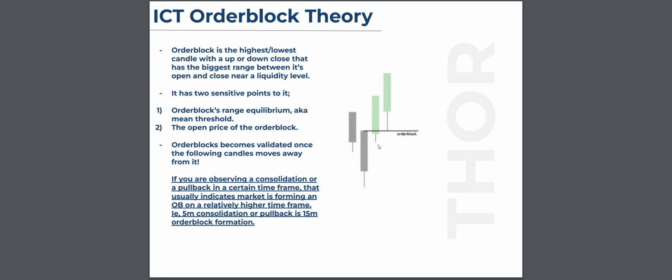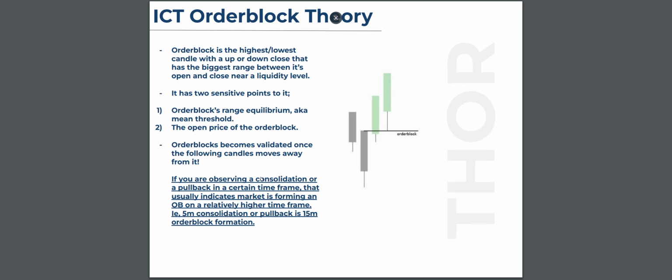Order blocks become validated once the following candle moves away from it. For example, here you have 2 down close candles and the third candle moves away from it, and once it closes you have order block confirmation. Once the market decides to pull back into the OB, you can utilize that, and the low of the OB, in this case, because it's a bullish order block, should be safe low.